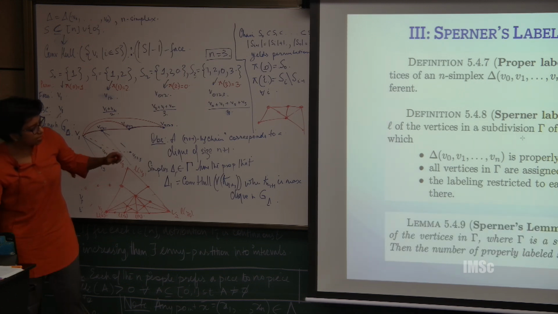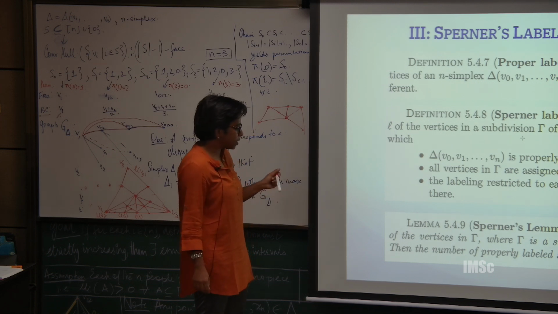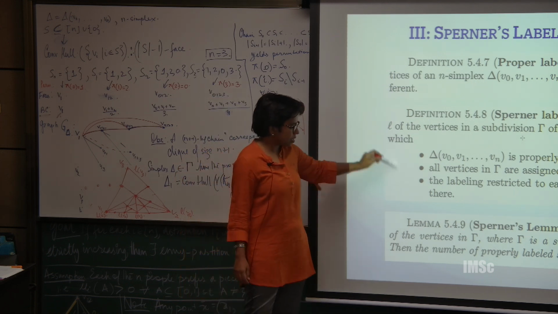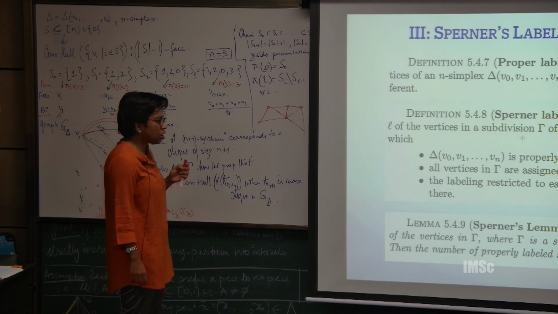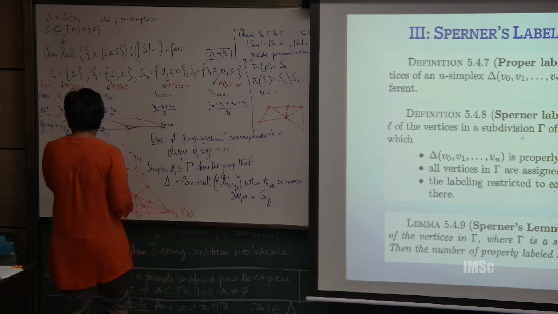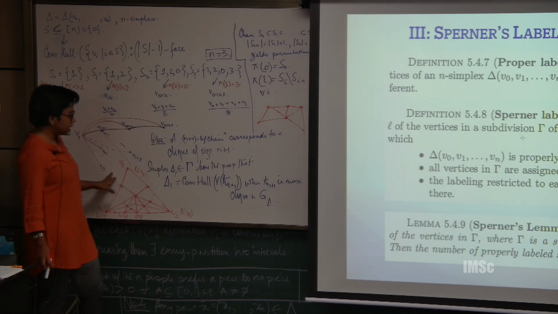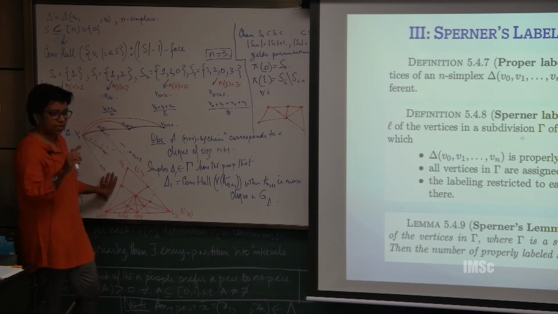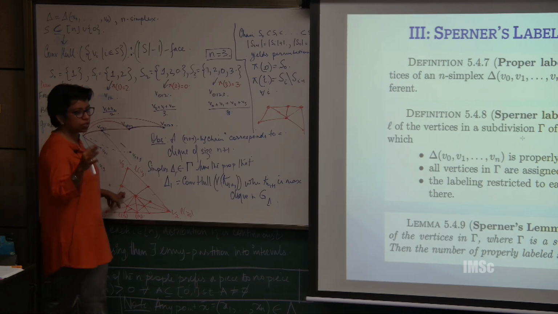Okay. So, just the statement of Sperner, I will see it later on also. Let L be a Sperner labeling of the vertices in the subdivision. Then the number of properly labeled simplices in the subdivision is odd. So, the point is, no matter how you label these internal vertices, there will always be at least one properly labeled triangle, and in fact there will be an odd number of them, 1, 3, 5 and so on.